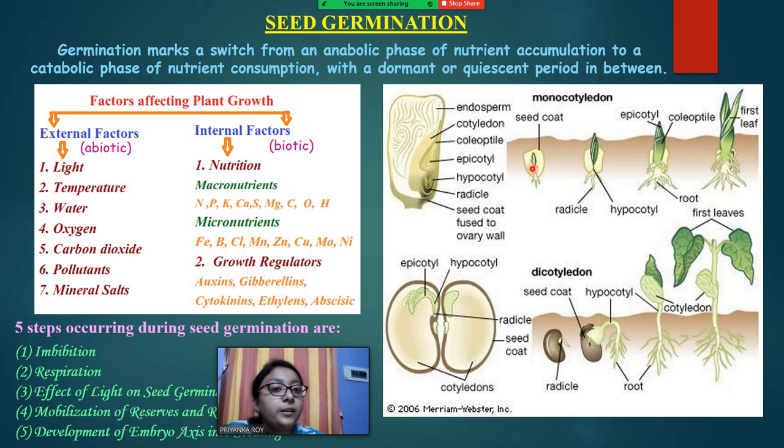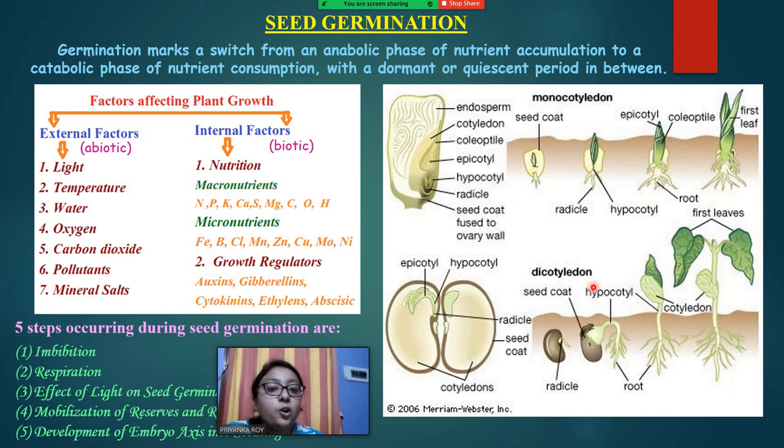So in the case of monocot germination, the epicotyl will start emerging, and there will be the hypocotyl, which is the connection of the radicle and the shoot apex. And from the epicotyl, the shoot is usually formed, then roots develop, and the first leaf starts forming.